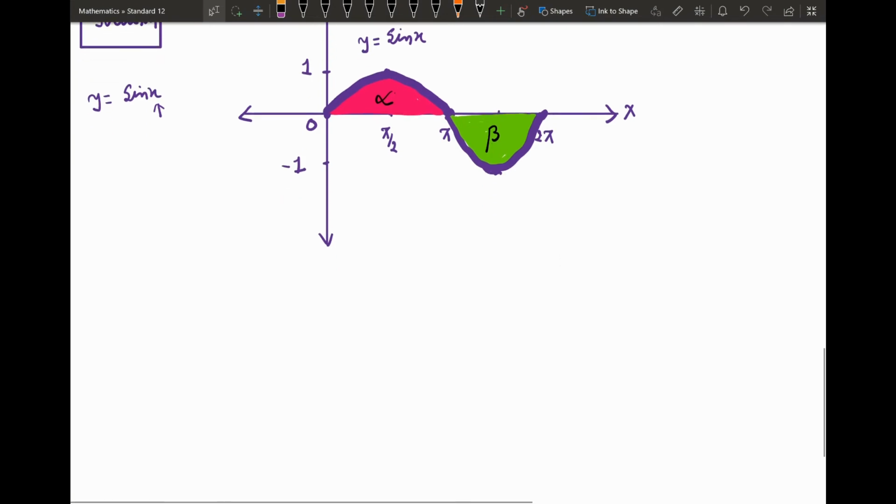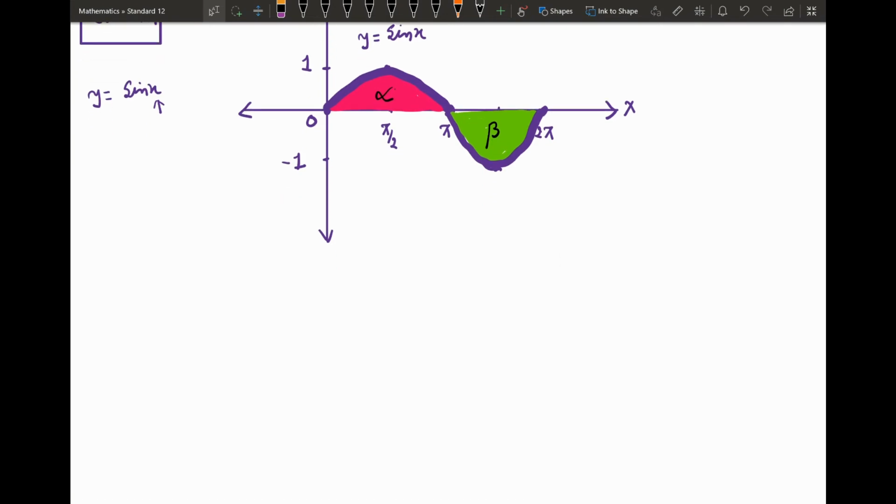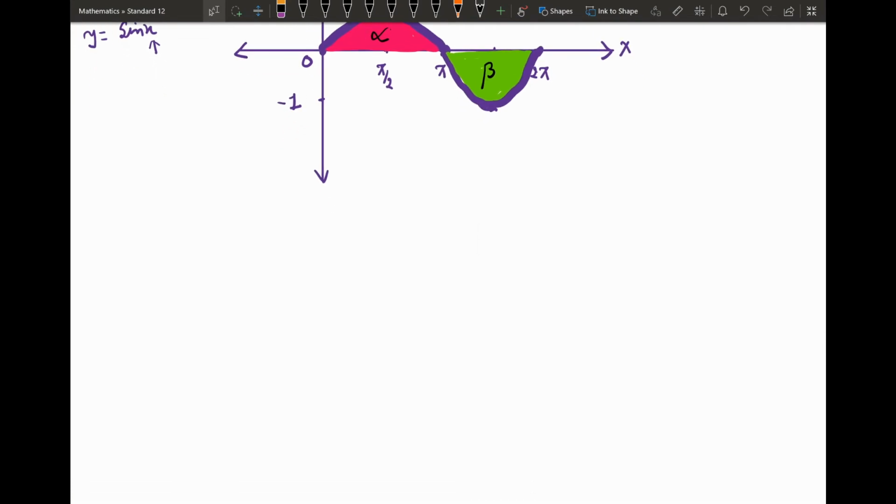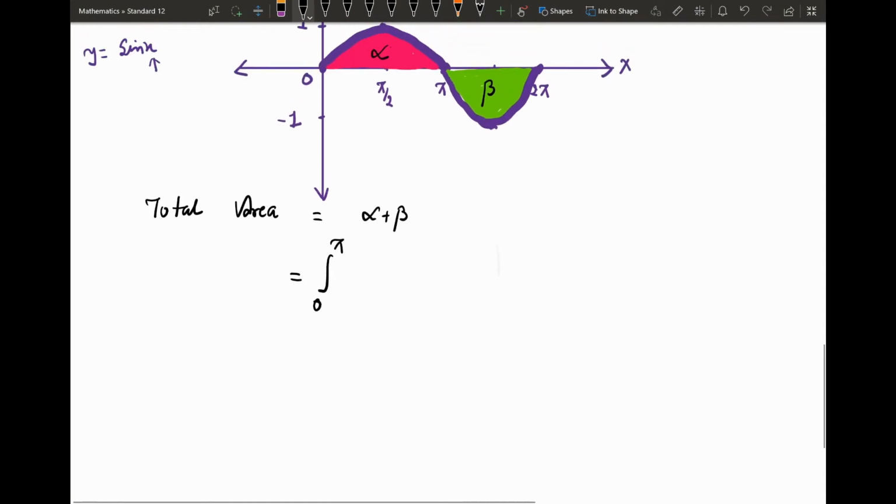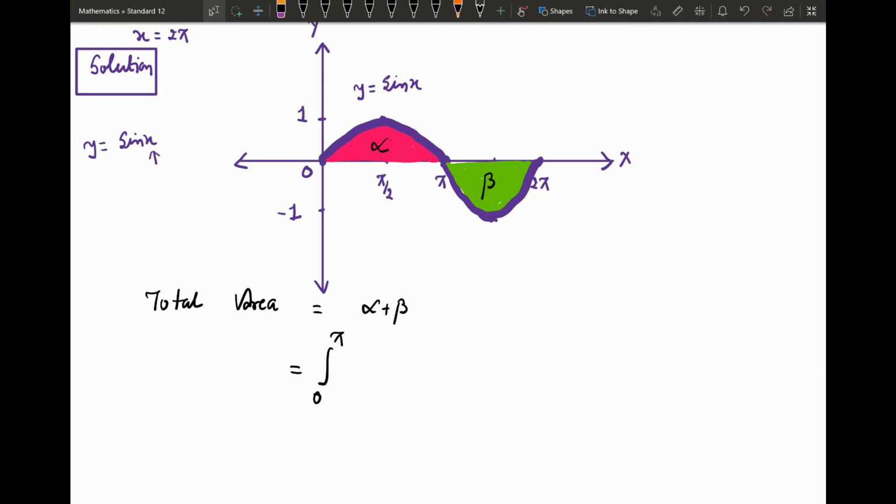Still we will evaluate alpha and beta both. So as shown in the figure, total area equal to alpha plus beta. For alpha, the limit is 0 to pi, function is y equal to mod sin x.